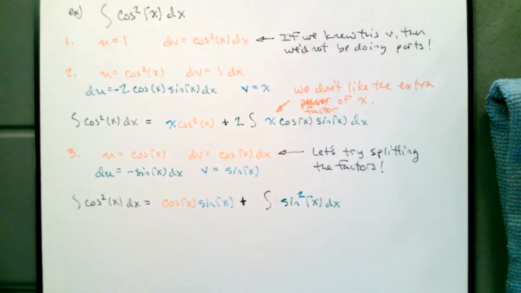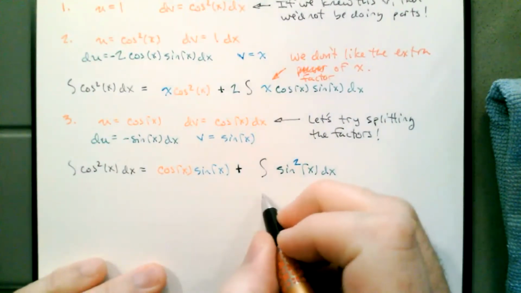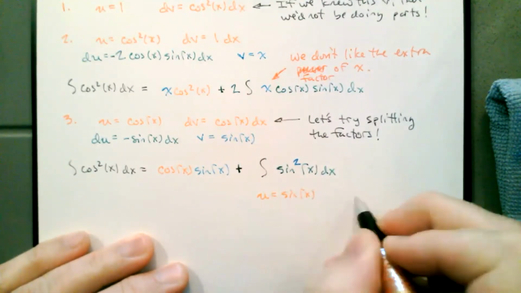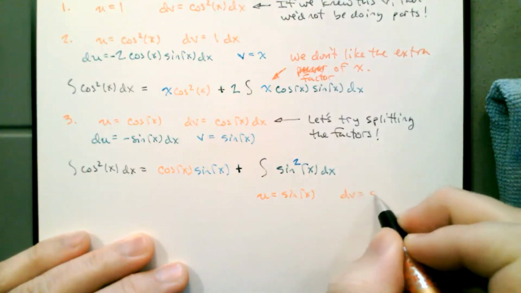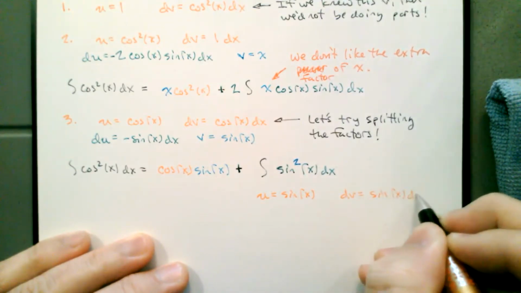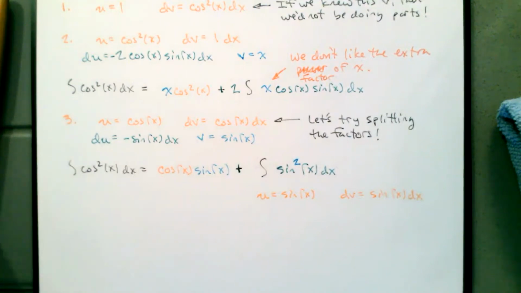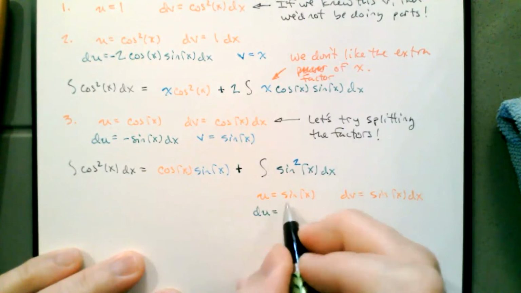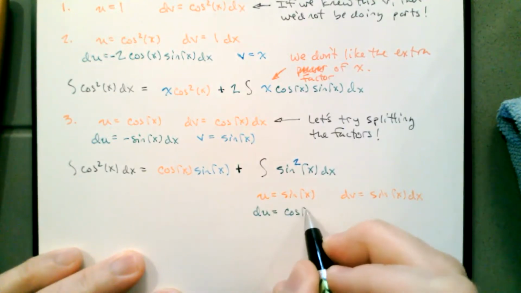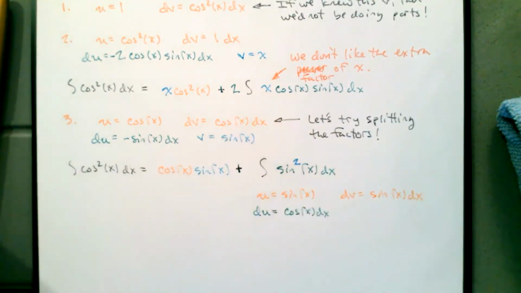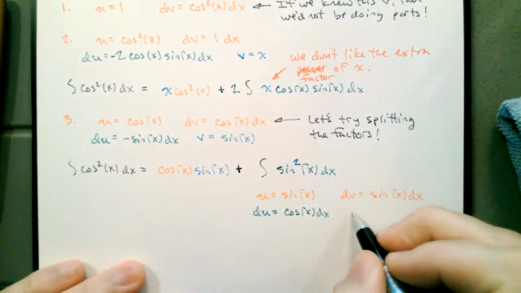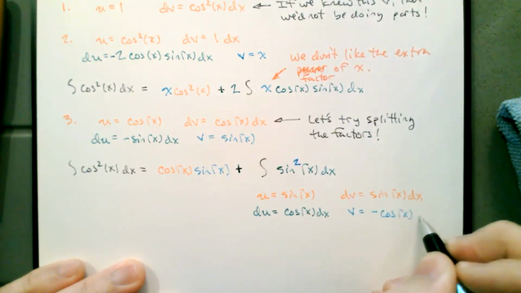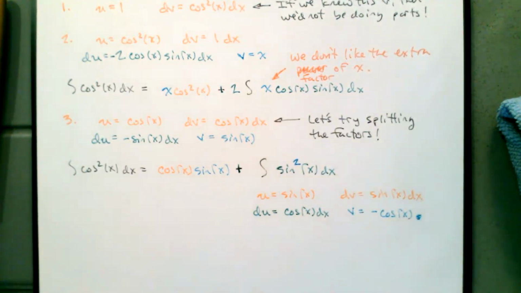So maybe we're going to try parts again for this sine, and u is going to be sine x, and dv will be sine x dx. Just following our plan. Then du, the derivative of sine is cosine, and the integral of sine is negative cosine. Oops, no dx on that one.